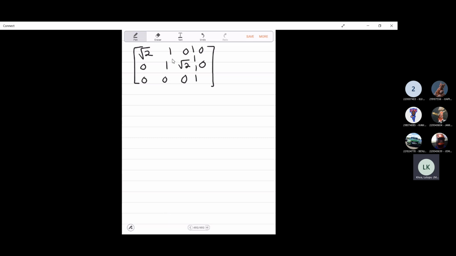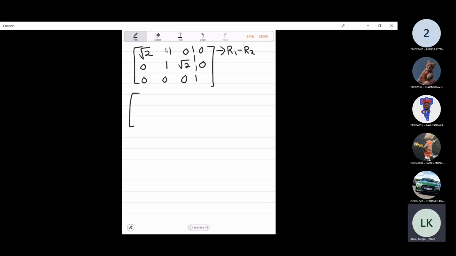Okay, then I can make this one here as 0. And I say row 1 minus row 2. Square root of 2 minus 0, 1 minus 1 is 0, 0 minus 0 minus square root of 2 is minus square root of 2.